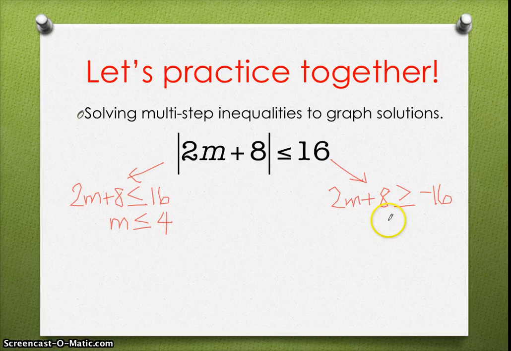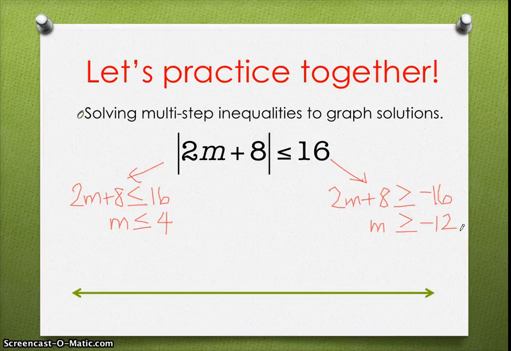And similarly, if we apply it to this one, we should get m is greater than or equal to negative 12, because negative 16 minus another 8 is going to give us negative 24, divided by 2 is going to give us negative 12.